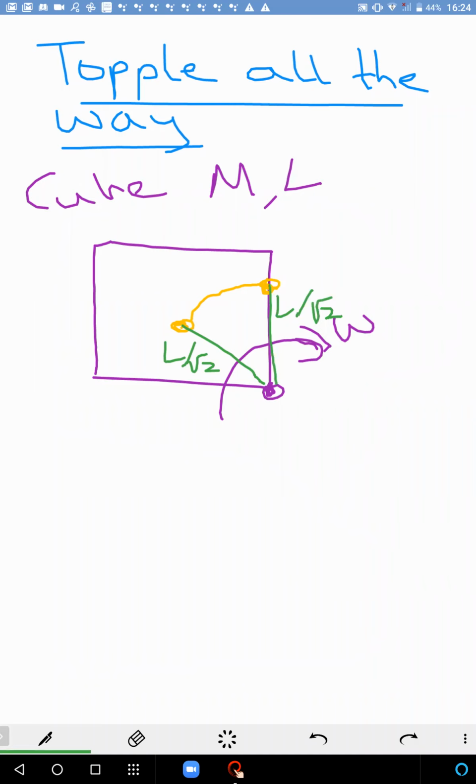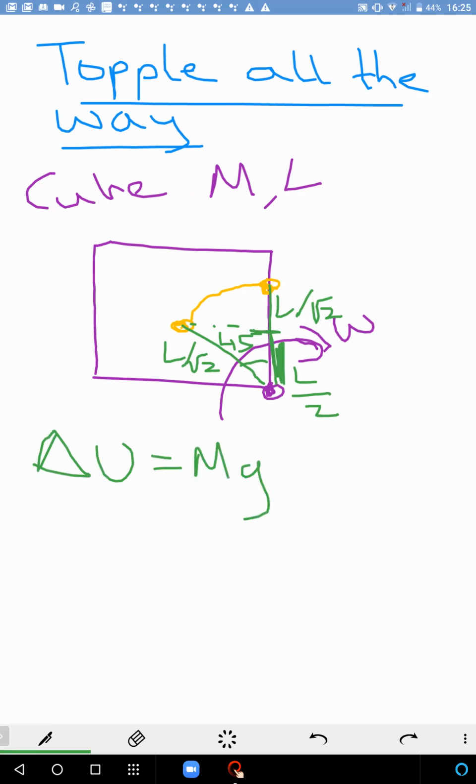Now the height raised by the center of mass will be, as we all know in a cube, all these angles are 45 degrees, so it becomes L by root 2 cos 45, which is L by root 2 into 1 by root 2, so this height becomes L by 2. The increase in potential energy is M into G into the height raised by the center of mass, the higher height L by root 2 minus L by root 2 cos theta, that is L by 2.